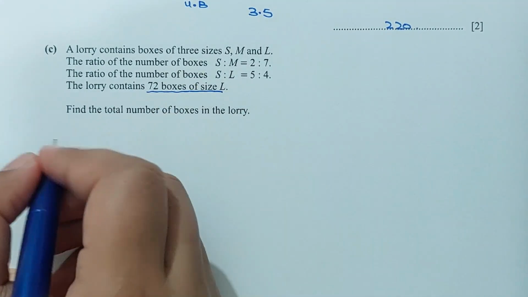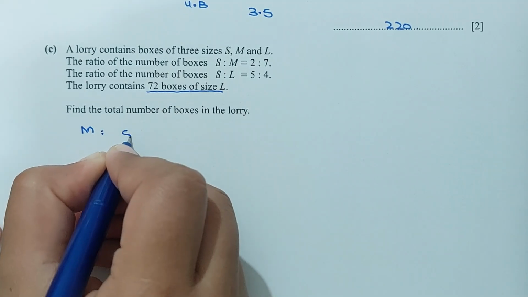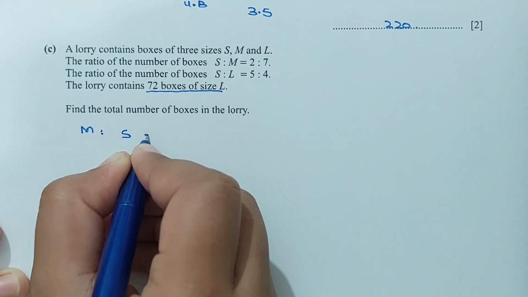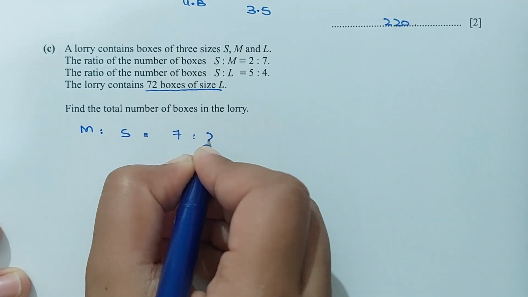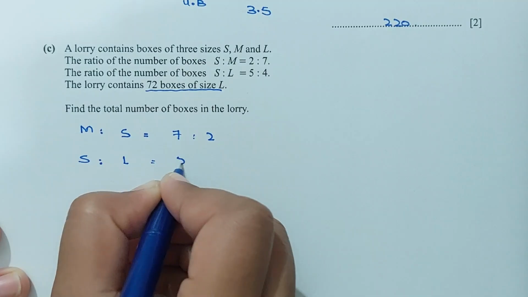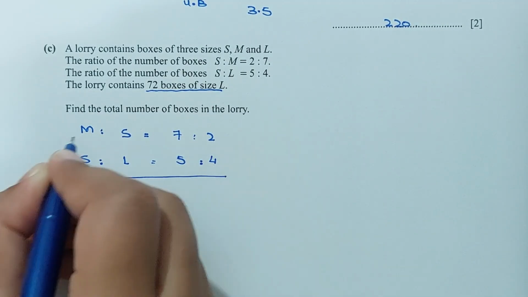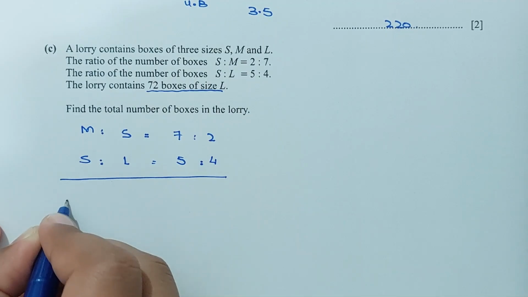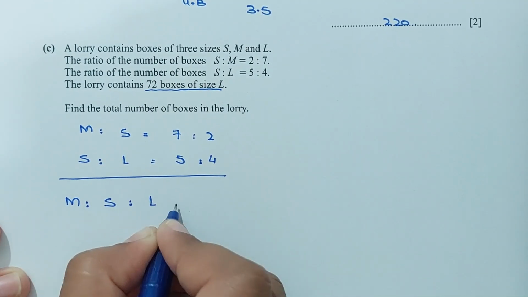Alright, so we have the ratios. If I write this ratio as medium to small, it is not 2:7, now it is 7:2, and then small to large is 5:4. Now let me find out the ratio of medium, small and then large.